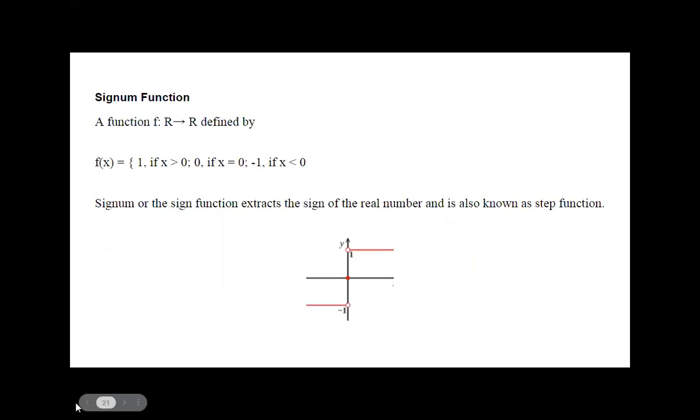And then the signum function. Signum function means what? Signs are there, positive and negative. Whatever the number will be, if that number is positive, then it will be treated in the positive part in the graph.